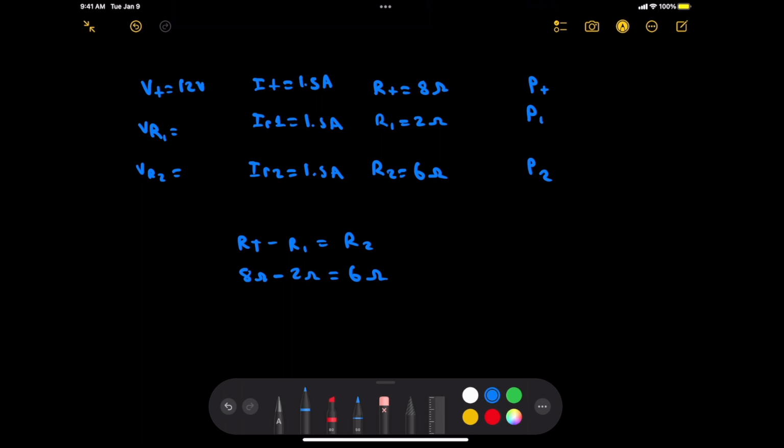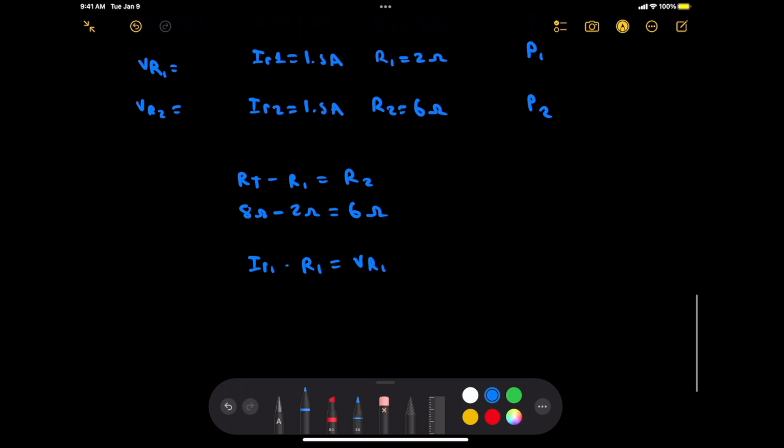So let's just show the operation. IR1 times R1, or it could be RT in this case because it's series, but let's just stick with IR1 and R1, is equal to VR1. And IR2 times R2 is equal to VR2.